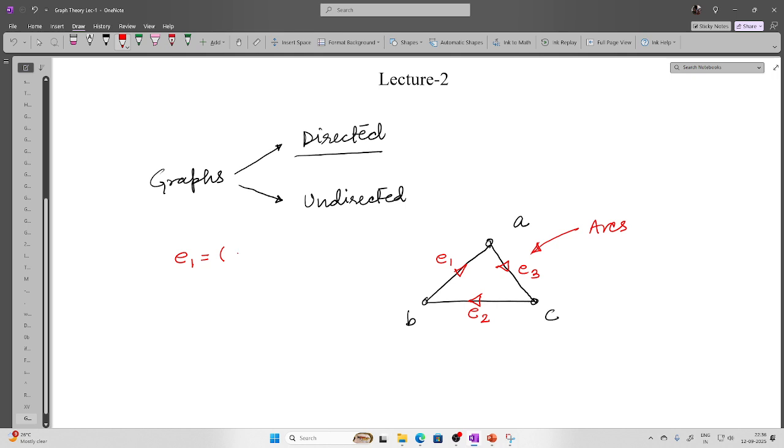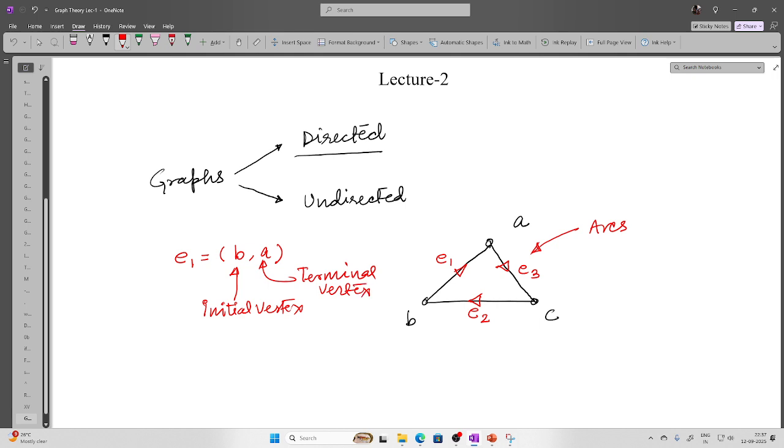So it is B comma A. So here this is telling me that B is my initial vertex and A is the final or terminal vertex.